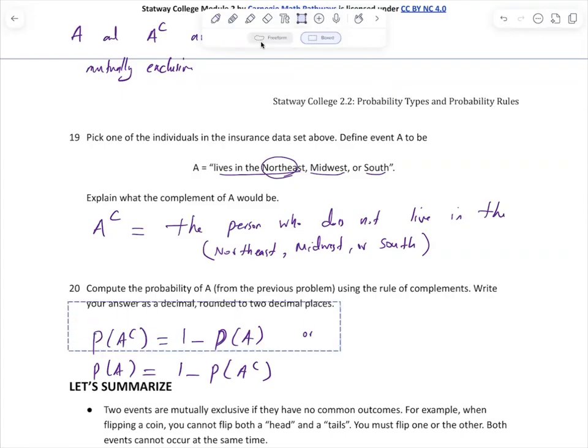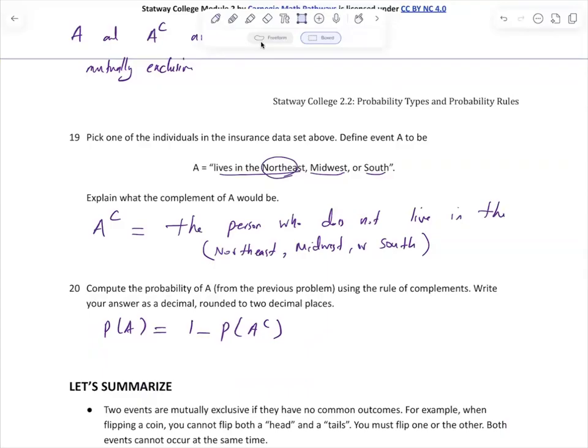Let me remove this one and follow along with this formula. It's equal to 1 minus the probability that the person doesn't live in Northeast, Midwest, or South. Correct? So what's the meaning of that? It means that the person lives in the West.